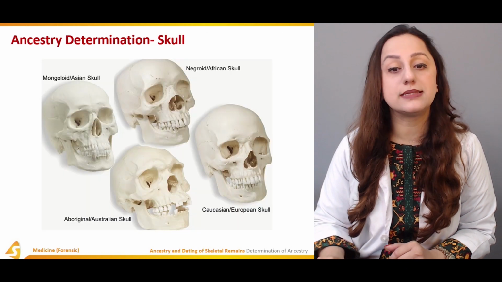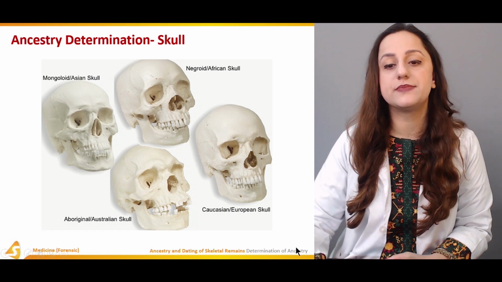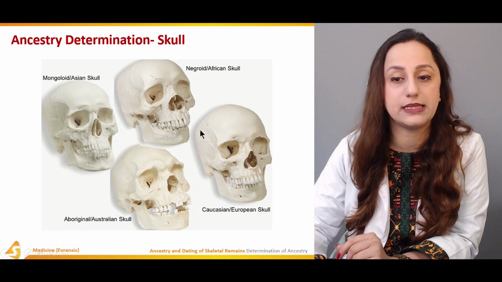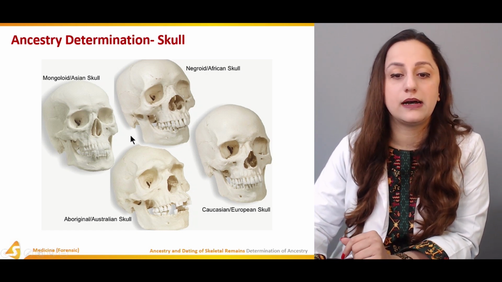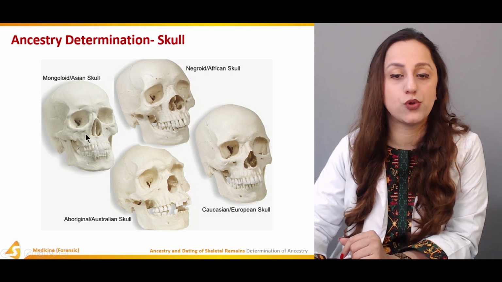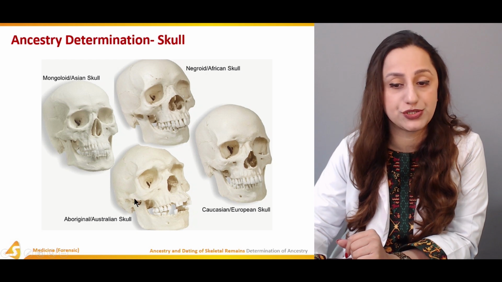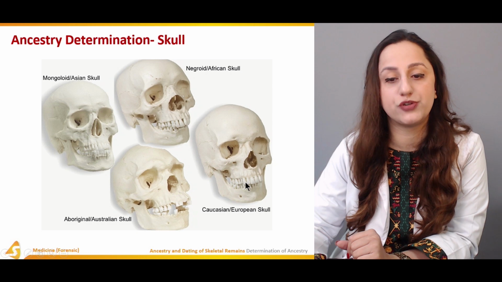So, the ancestry determination of the skull. These are the four groups that we will be discussing in detail. The Negroid, which is the African skull. Then we have the Mongoloid, also known as the Asian skull. And the Aboriginal, the Australian skull, and the Caucasian or the European skull.